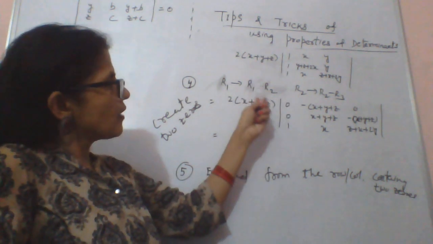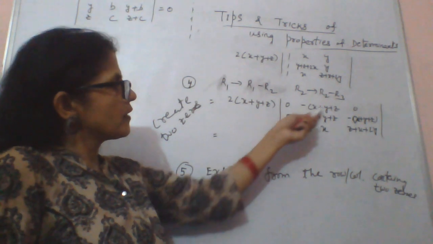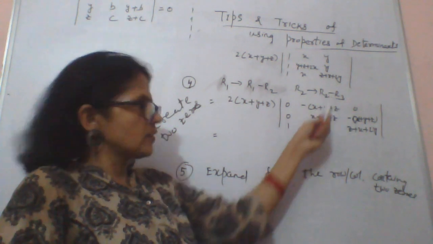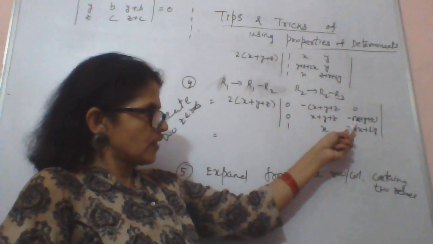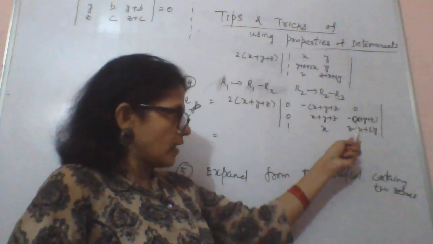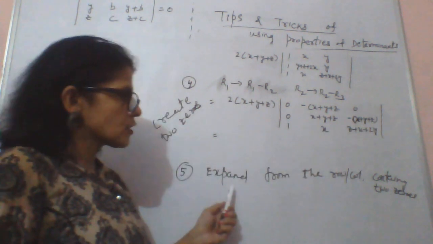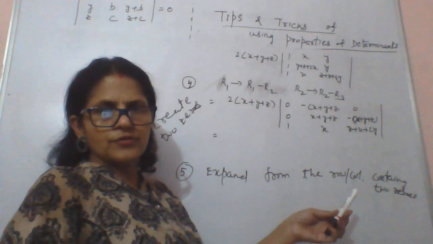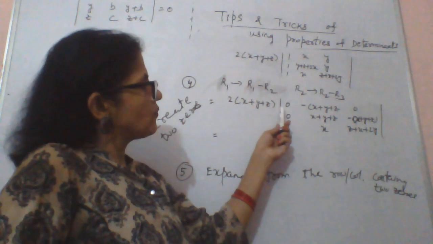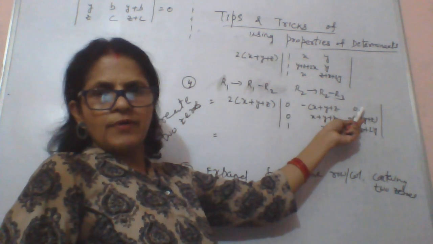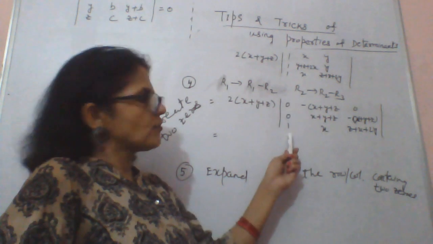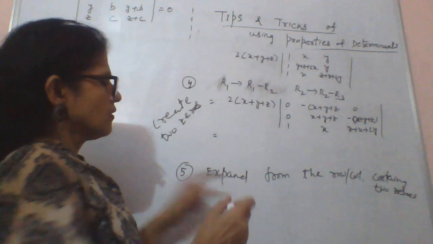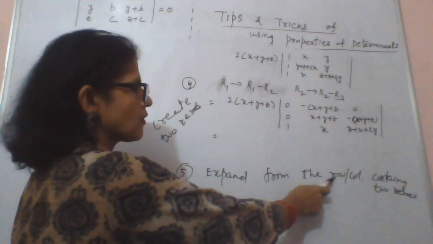Now taking R1 minus R2, we are getting like this. This is R1, R2 replaced by R2 minus R3, 0, x plus y plus z minus of x plus y plus z on this. The fifth one is expand from the row or column containing two zeros. In this case, you can take this row, you have two zeros in the first row, two zeros in the first column, or you can take common also, but here just to cut it short, expand from this.